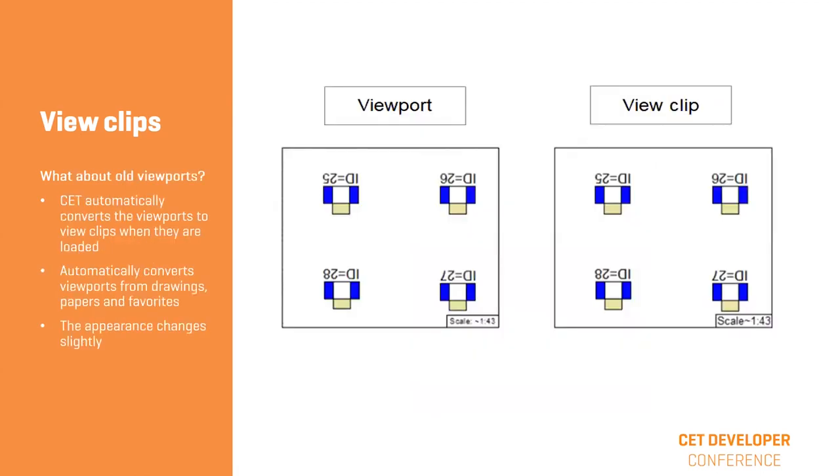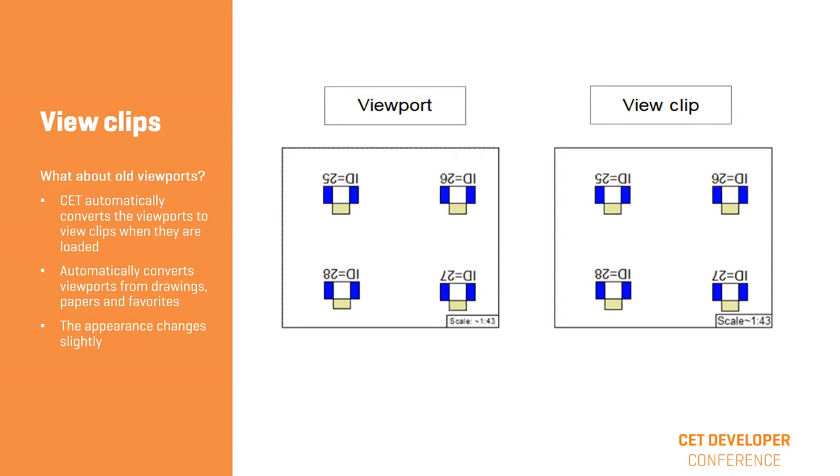So old viewports, since this is replacing them, we will stop having viewports in CT from 11.0 and forward, and old viewports will be automatically converted to view clips. So in all ways you can load a viewport, say favorites, papers, and from old drawings, they will be automatically converted to view clips.